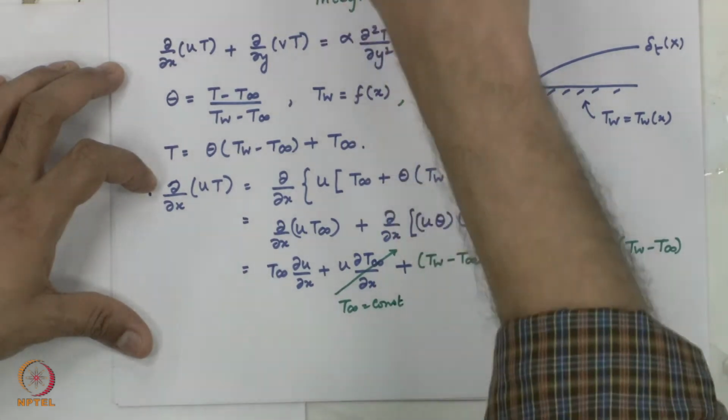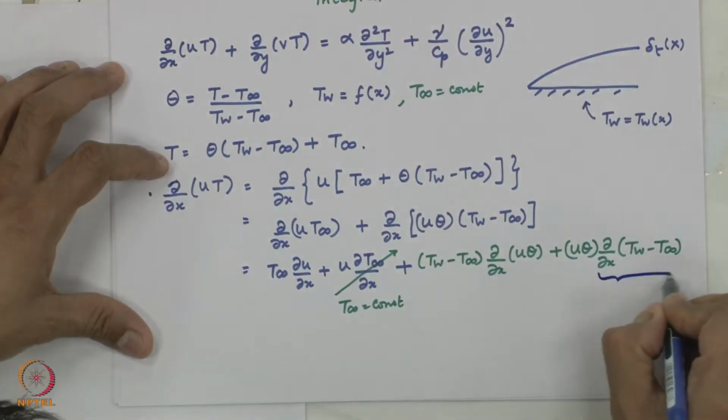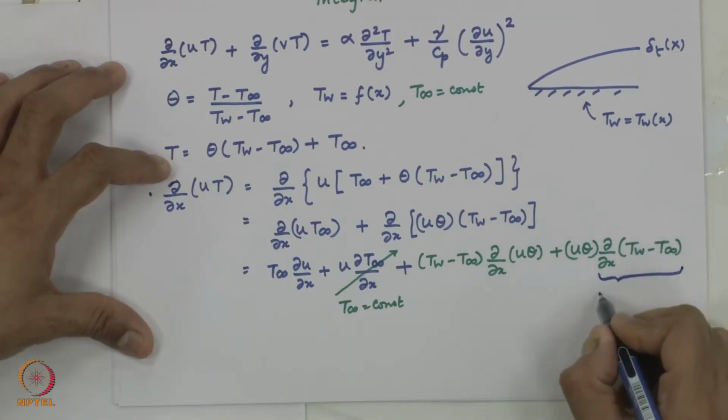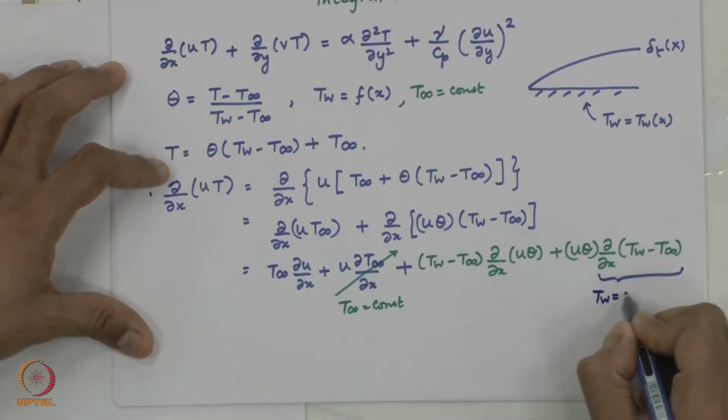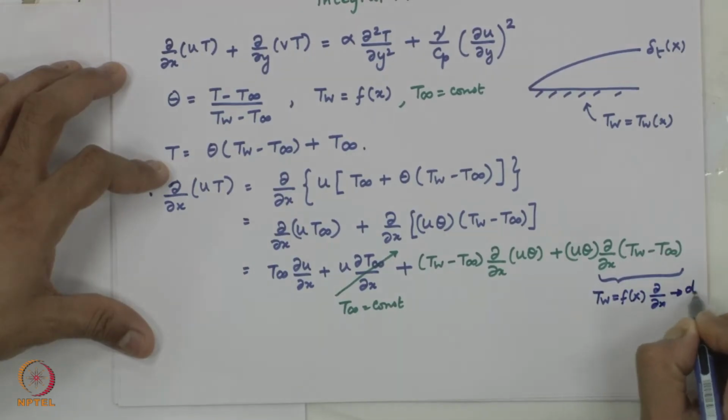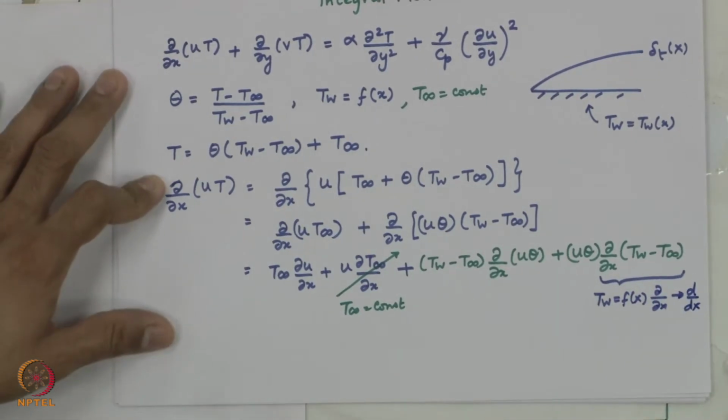T wall is only a function of x, therefore, this partial derivative becomes a regular derivative. Regular derivative is always good compared to a partial derivative.